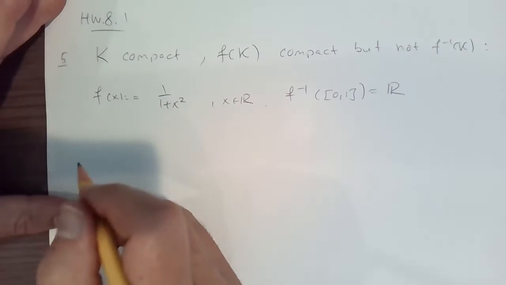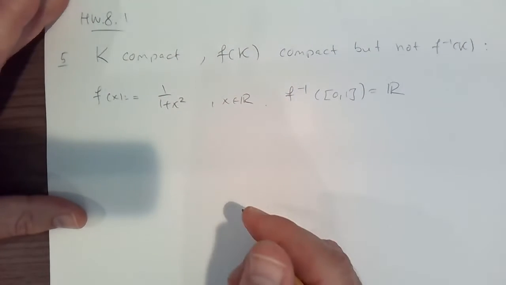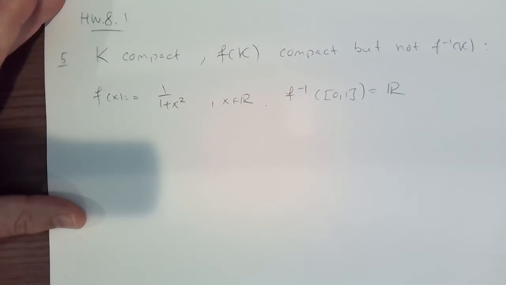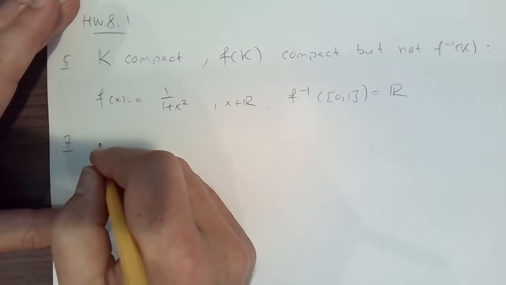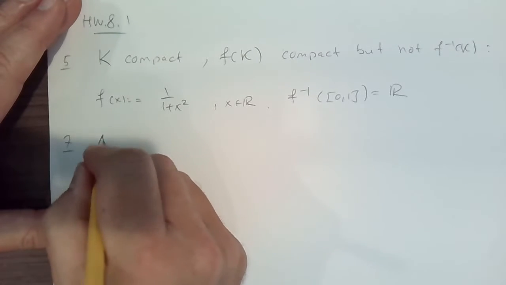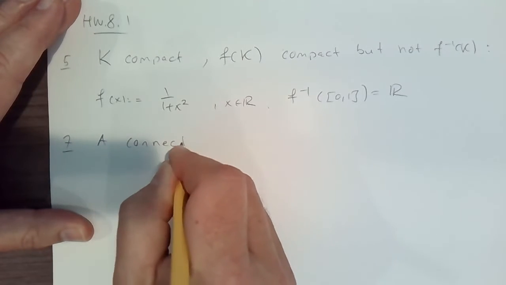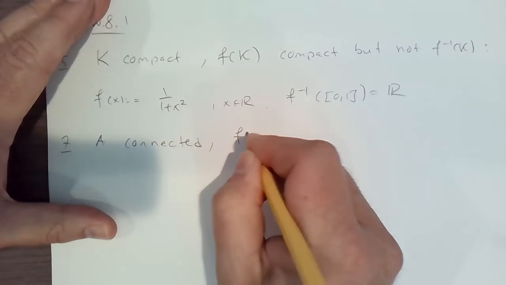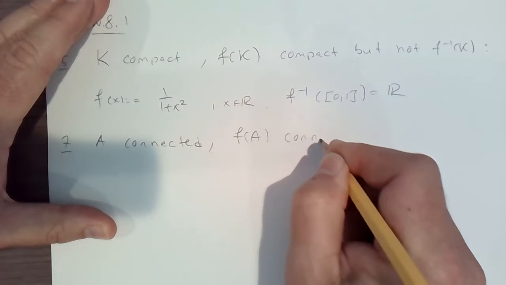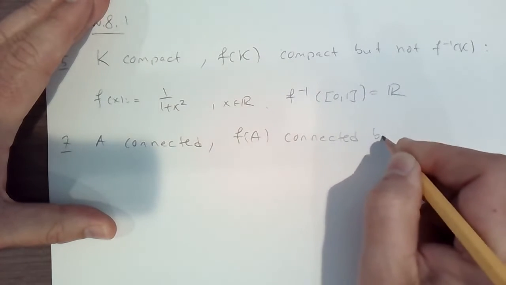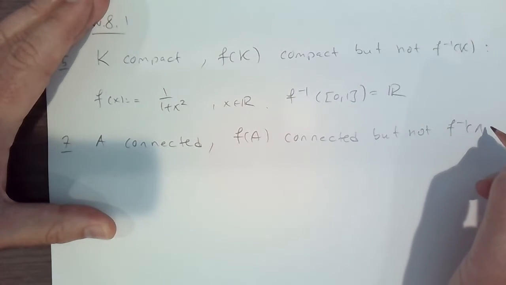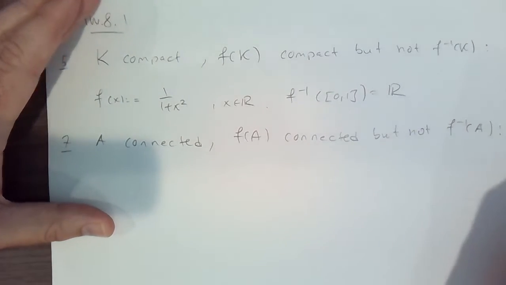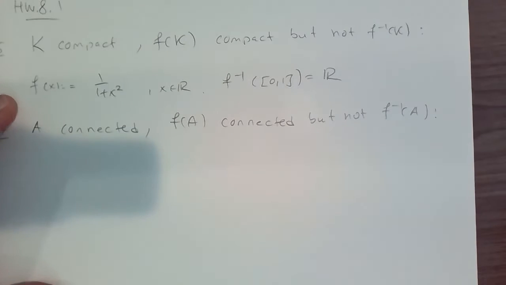And the same thing with the other topological invariant. What was that question? That was number 7. If you take A connected, then f of A is connected, but not when I pull it back.